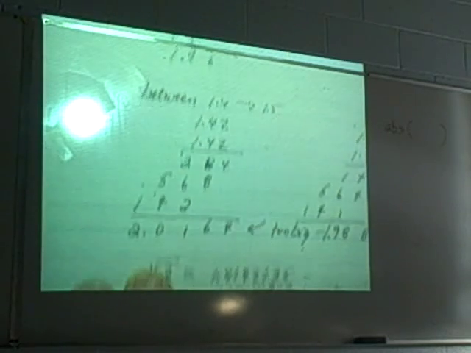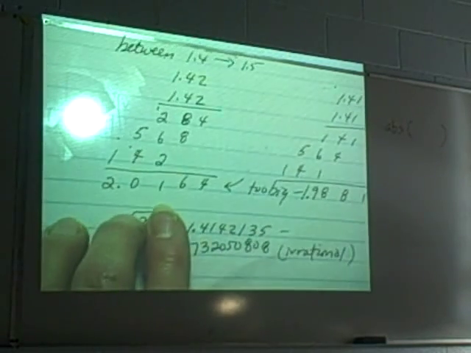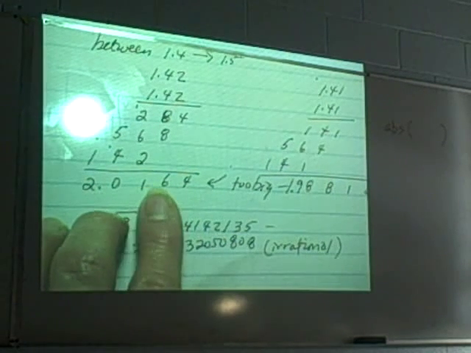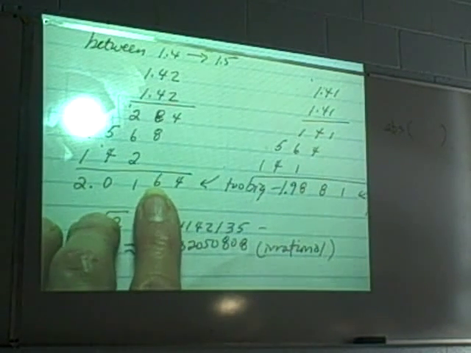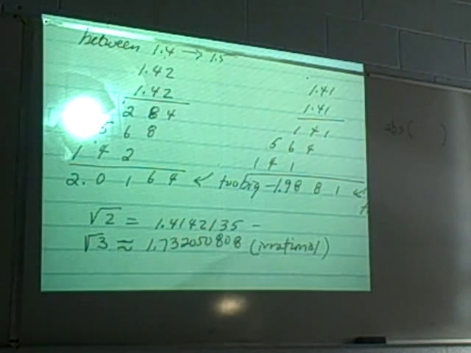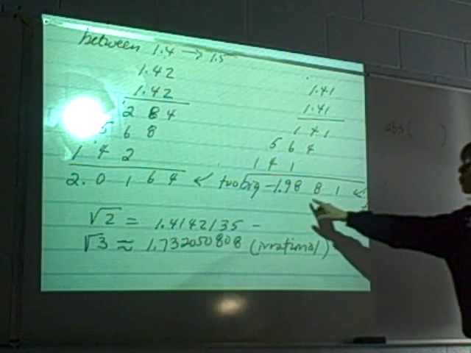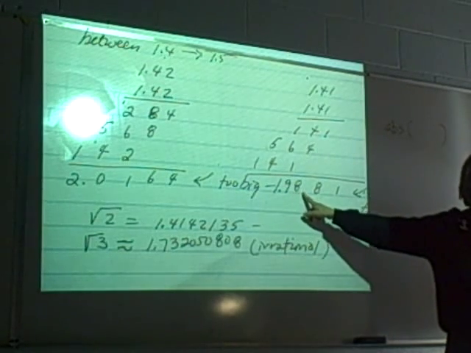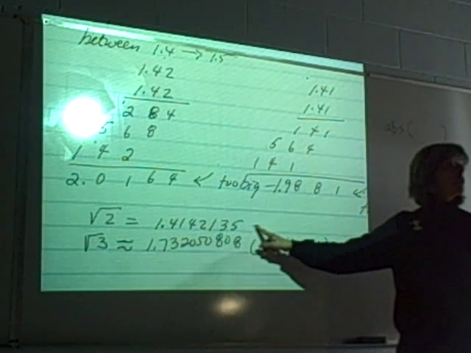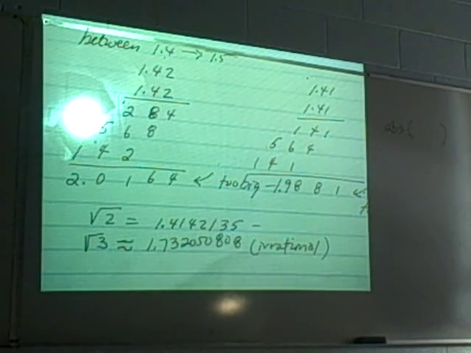Okay, so at this point, I'm just doing a lot of guessing and checking. I did 1.42, and again, 1.42 was too big, and I went with 1.41, and 1.41 is not quite big enough, and when I do punch it into a calculator, you can see to get as precise as possible, it's going to go out several digits.